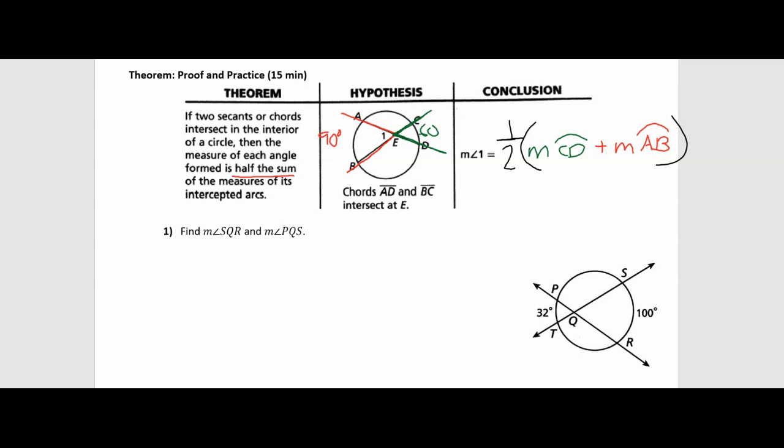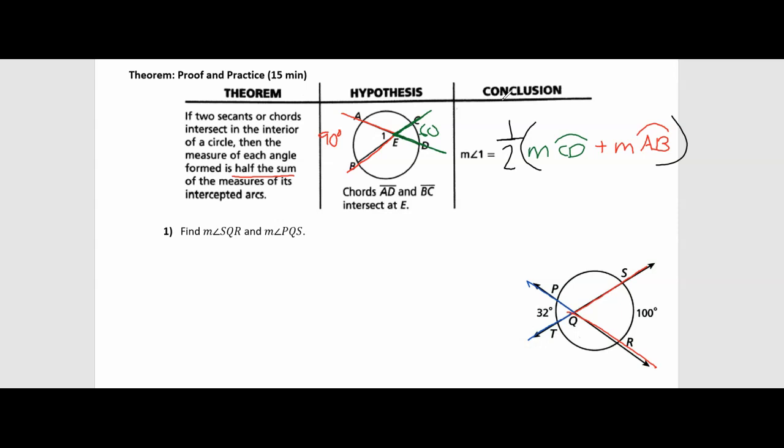Go ahead, apply that theorem to number 1 down here. You've got to find the measurement of angle SQR and the measurement of angle PQS. All right, let's do SQR first. Hopefully you've paused the video and attempted it. So I need to look at the 32-degree arc.